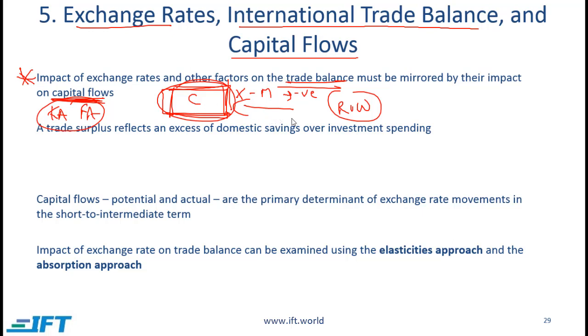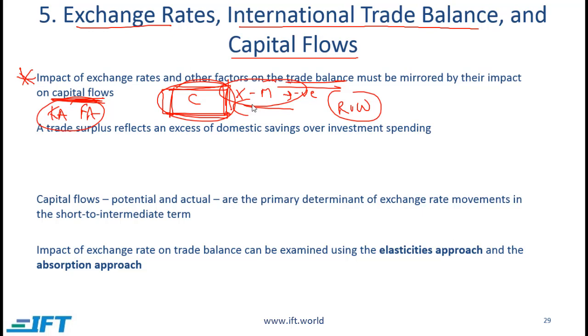In other words, money from the rest of the world, or foreign exchange, has to flow into the country in order to fund this trade deficit. These two numbers, the trade deficit and the capital inflow in this context, must be equal and opposite.